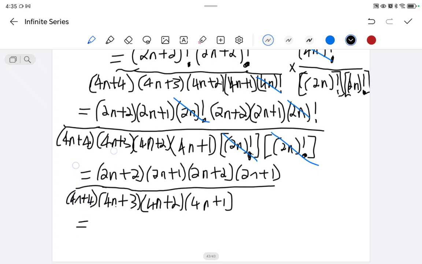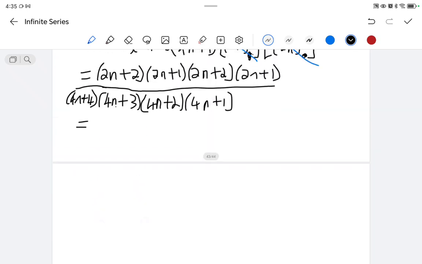Right? Then if I check this one here, on the numerator I have 2n plus 2. So I can factor out 2 there. Then I'll be left with, not 2n plus 1, I'll be left with n plus 1.